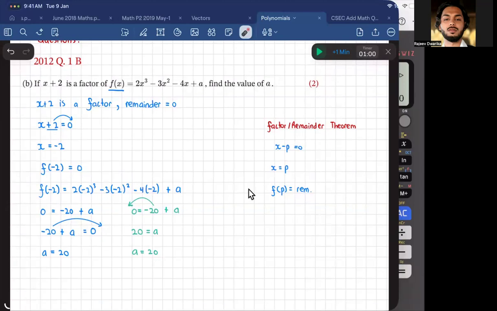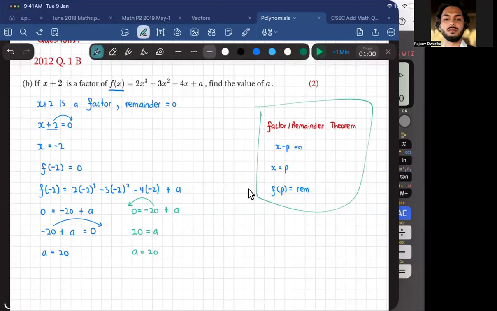Avinash, copy this down real fast. You don't have to copy down this part over here. Then I'm going to give you all a question to do.